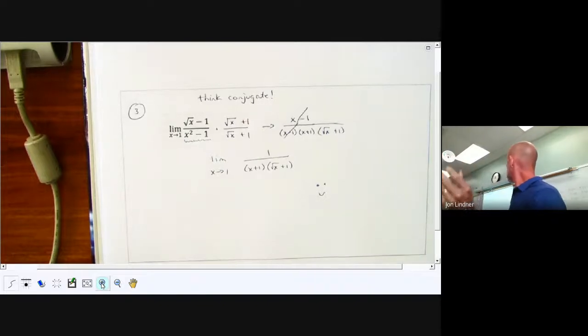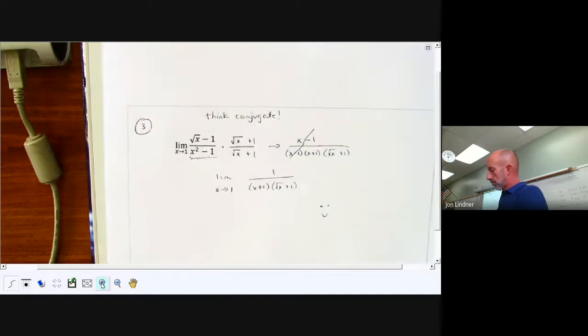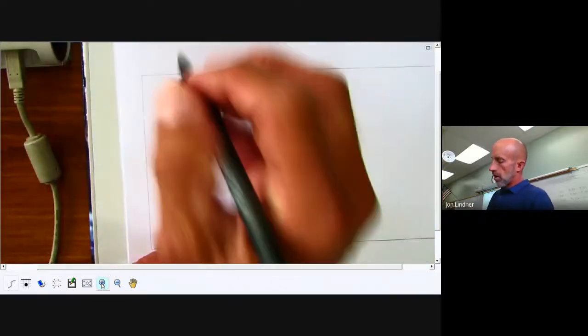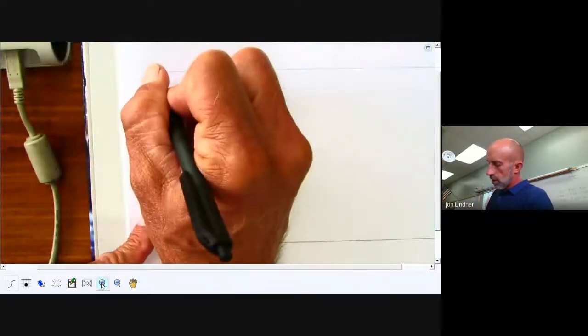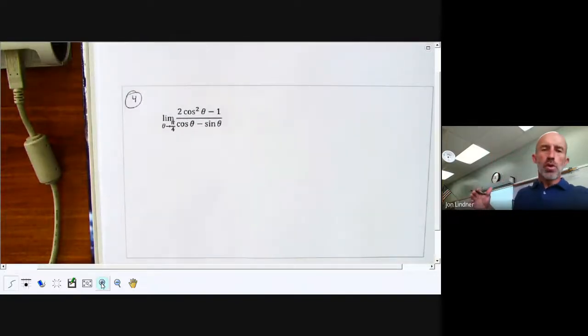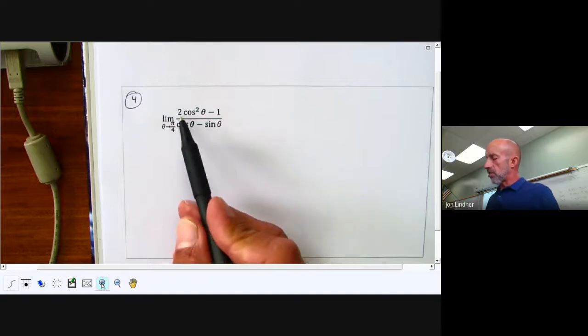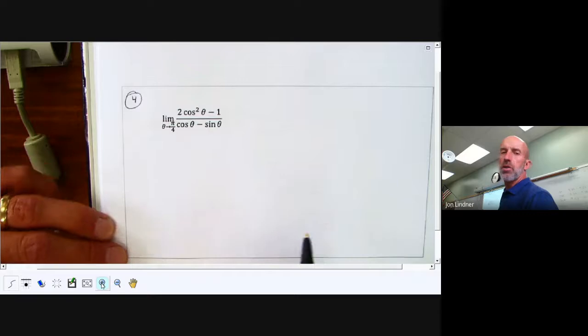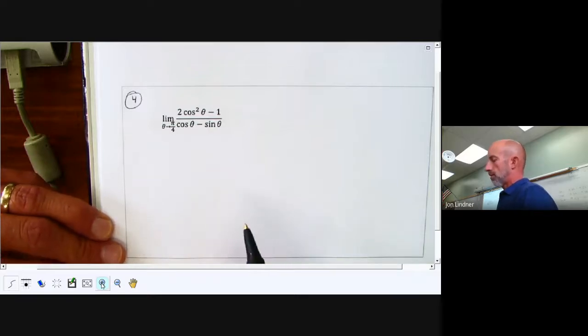Try to keep this thing in focus best I can. So here's example 4. And sometimes when it comes to using trig identities, if you look at your trig identities page, I think there is an identity statement for this top, but it really doesn't help us that much to substitute that.